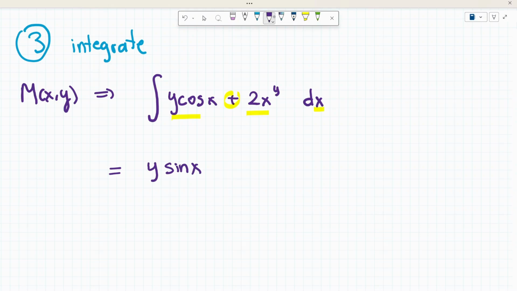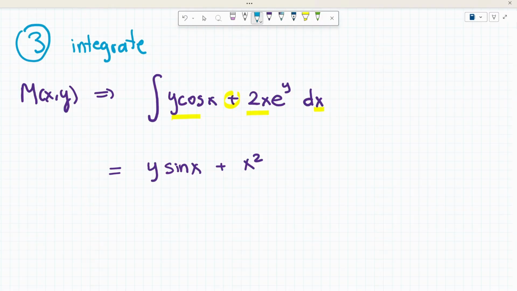And now over here, we have to figure out what the integral is. Oh, sorry, I miswrote this over here. This should be 2x e to the y. So now we need to figure out the integral of our 2x. This is simply going to be x to the power of 2, because this is the reverse of our power rule.